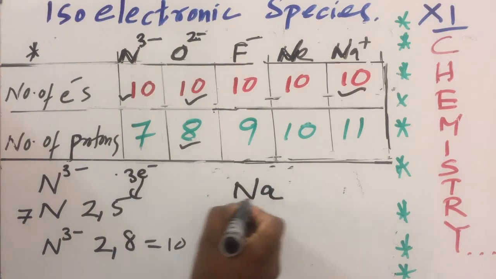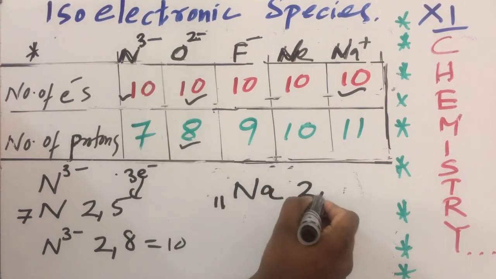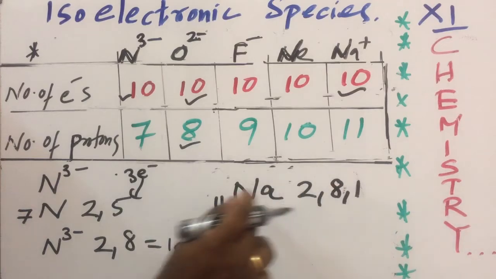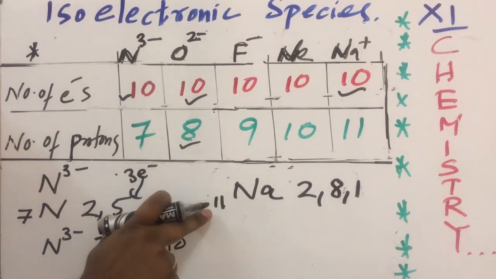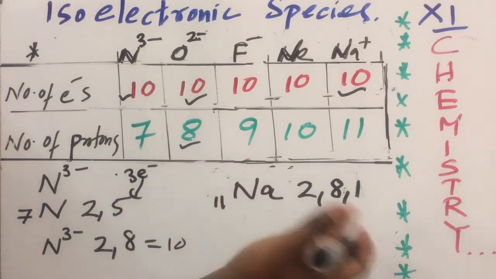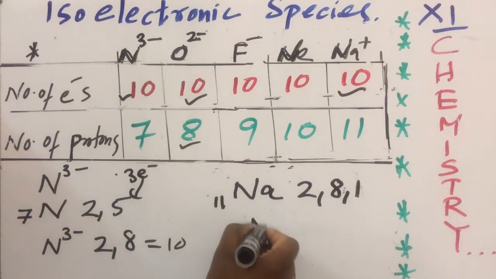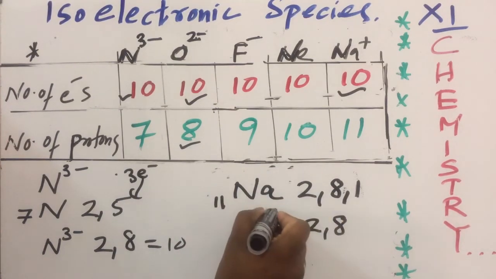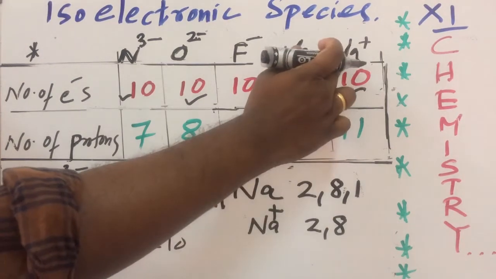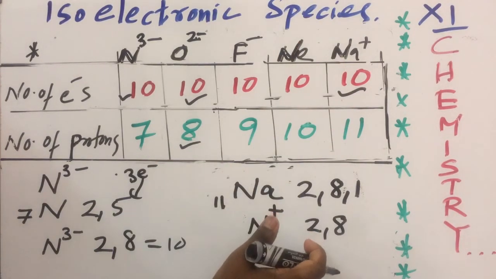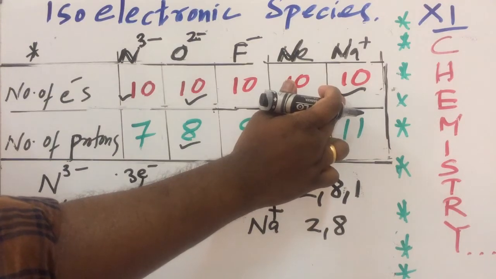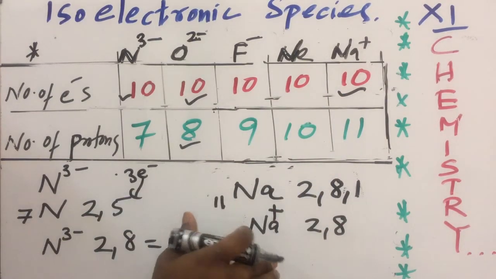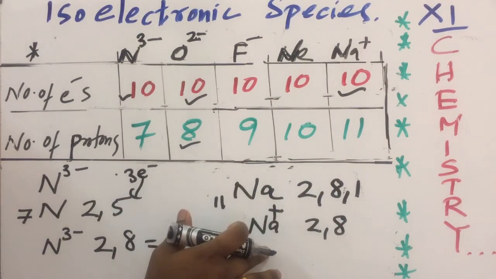Sodium, atomic number is 11. 2, 8, 1. Number of protons or nuclear charge is 11. Number of electrons also 11. But when Na loses 1 electron, it becomes 2, 8. Charge becomes Na plus. How many electrons now? 10. How many protons inside the nucleus?